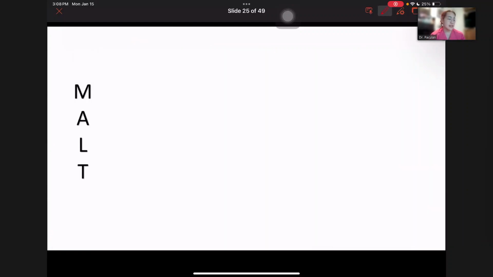Now here, there's already an abbreviation: MALT. MALT stands for: M, two muscles; A, two aponeuroses; L, two ligaments; and T, two structures that start with the letter T. What I'm showing you are the boundaries of the inguinal canal.